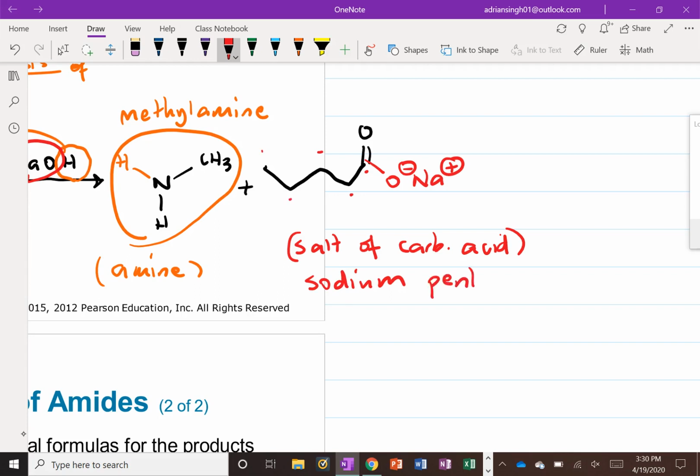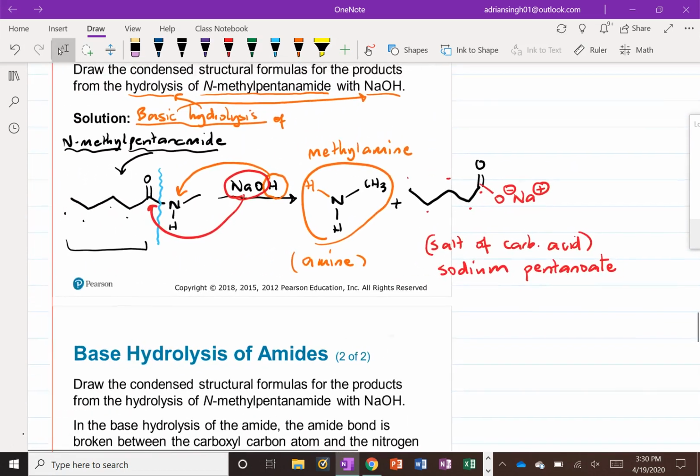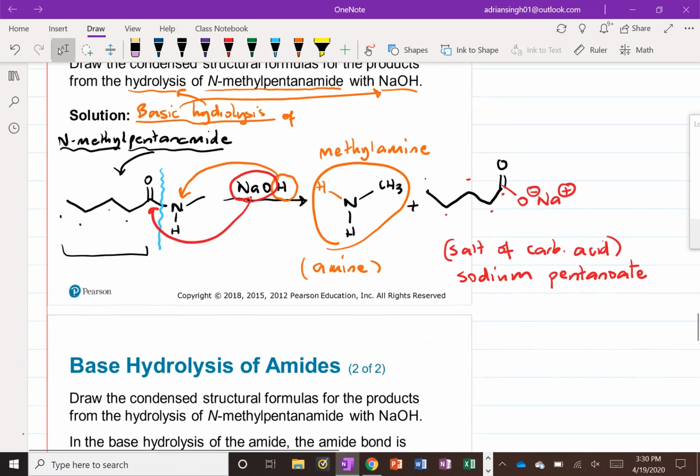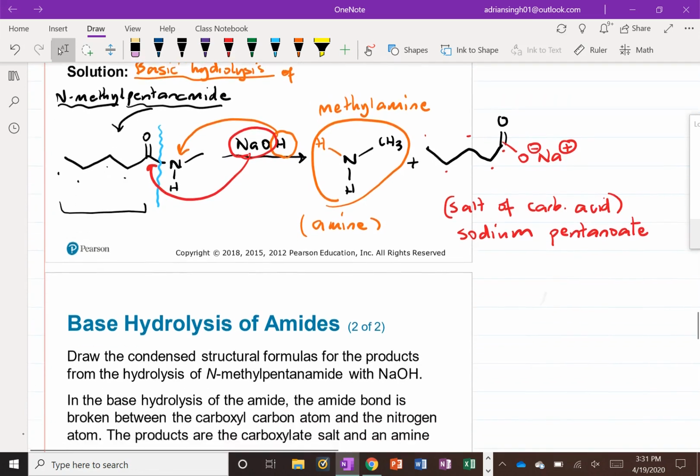So that would be pentanamide would be the last name for that. All right, so hopefully what you're seeing here is, yes, there's a lot happening, but there are some similarities. There's actually a lot of similarities to what we saw back with the esters chapter in terms of not only how we make the amide, but also how we break it down under acidic or basic conditions.